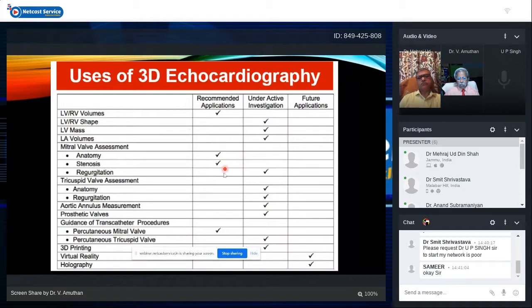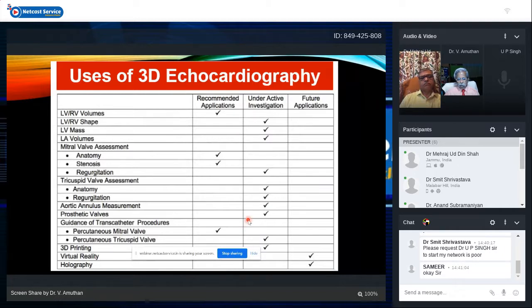And now you have advanced catheter procedures which can be done under 3D echocardiographic guidance, especially percutaneous mitral valve implantation. TAVR, still they don't believe in 3D echocardiography. They want CT for all guidance. But anyhow, if there is a complication in the cath lab, they immediately perform the echocardiographic examination.